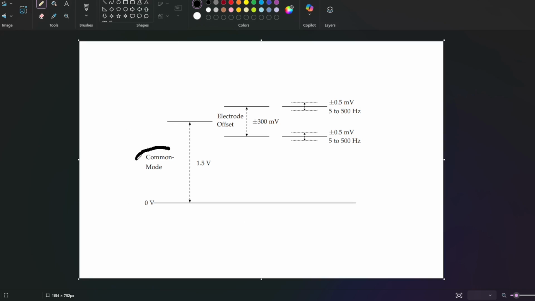This noise is a big problem in biopotential measurements because biological signals are extremely small, often in the range of microvolts or millivolts, while the human body can pick up much larger interference signals from the environment. The main idea behind the RLD is simple.